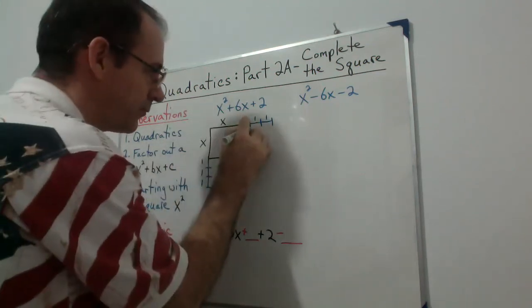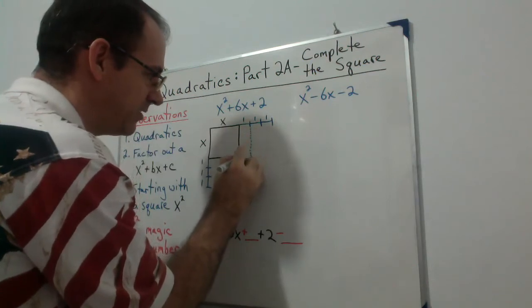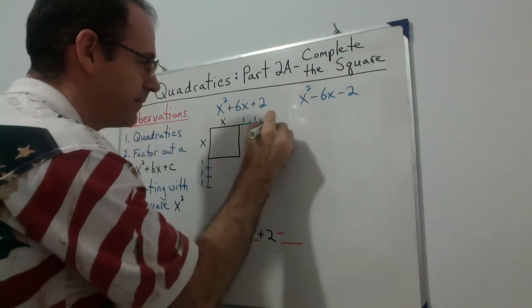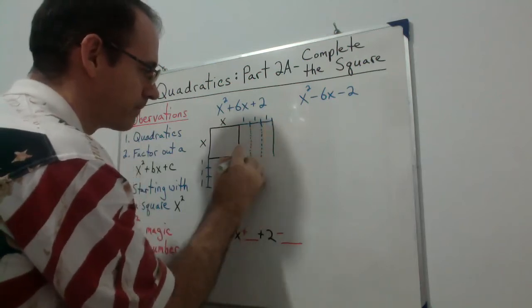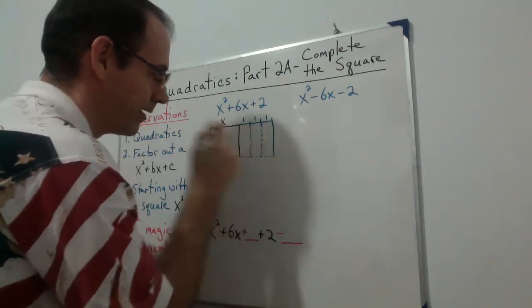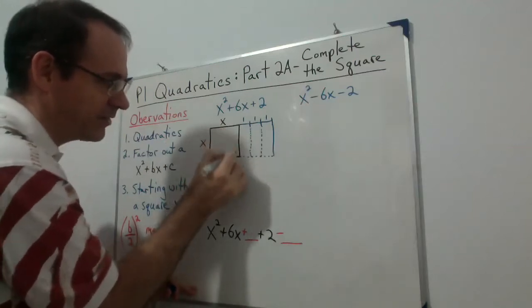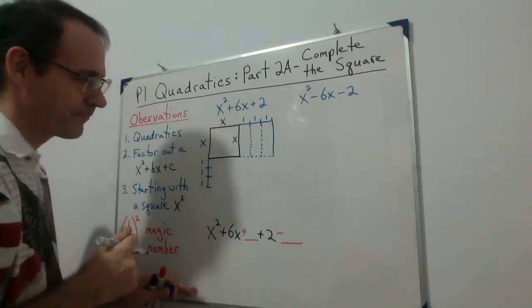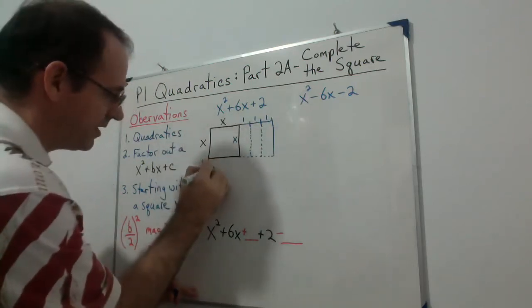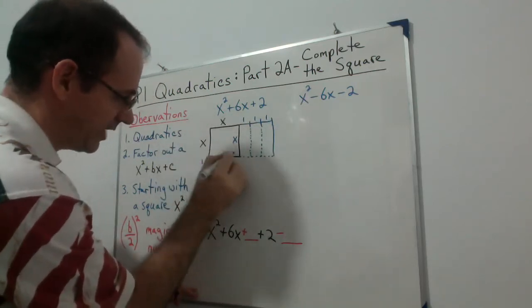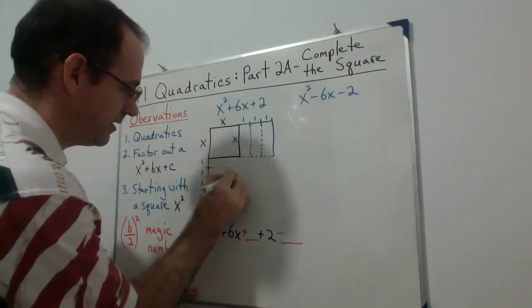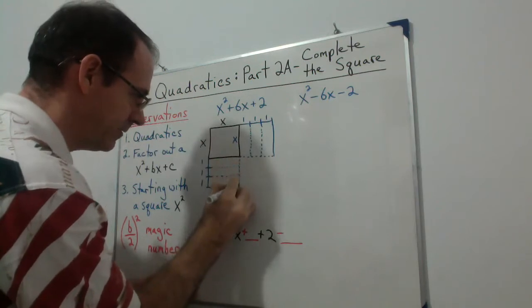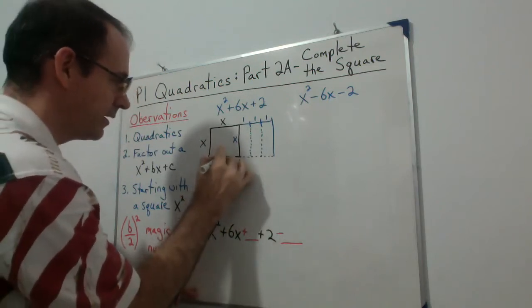And notice if we were to extend these along the length of the square, this length on this square here is x. And if we extend this one and bring this down here, this is also x.